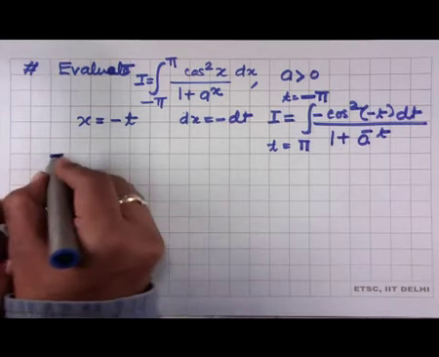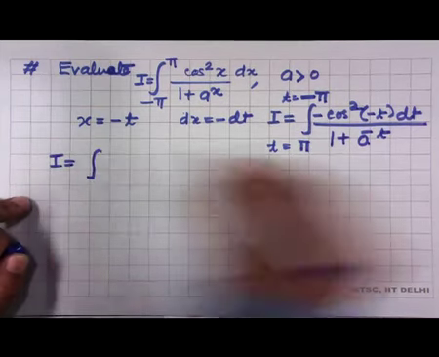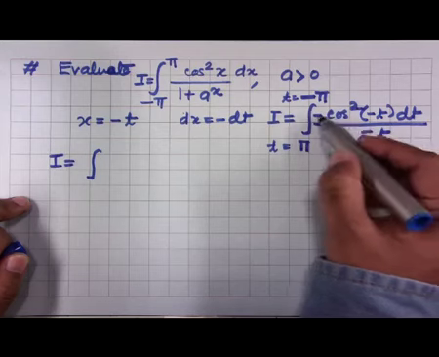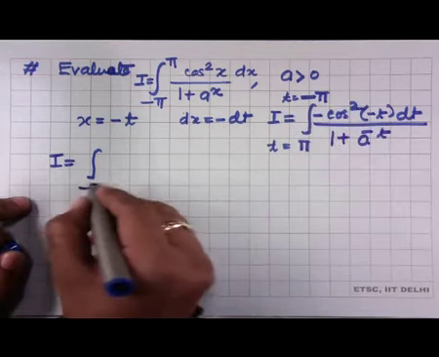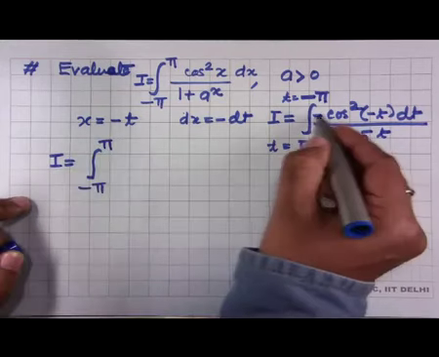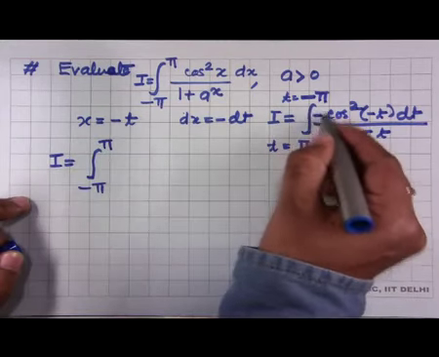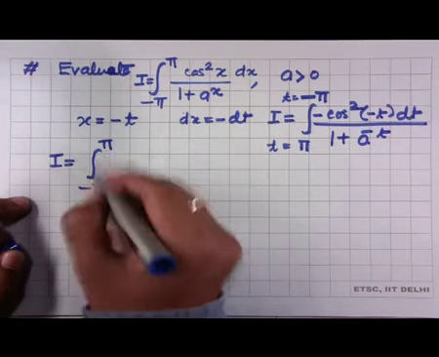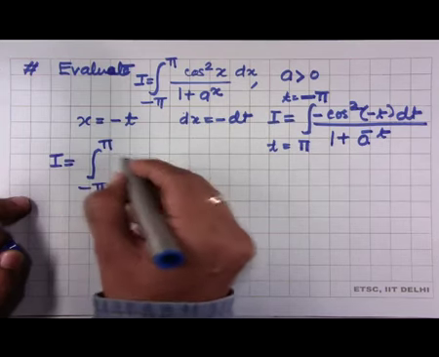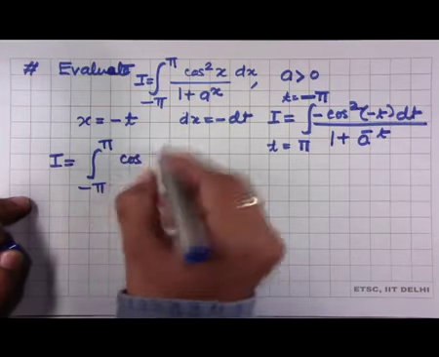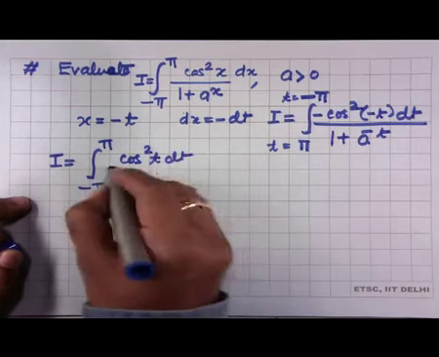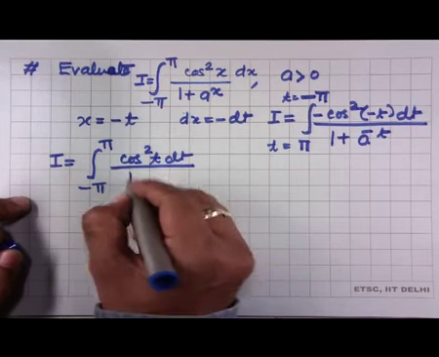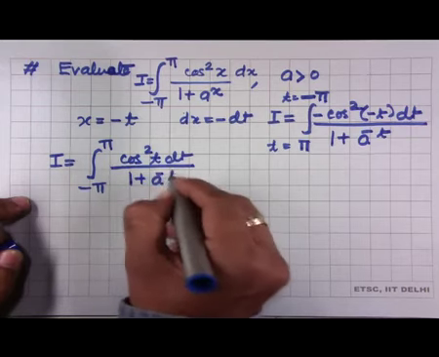So therefore I is equal to, since you have a negative sign here, you can interchange the limits, so you get a positive sign, from minus pi to pi. This minus sign is absorbed as soon as you interchange the limits, and cos of minus t is cos t, so you get dt by 1 plus a to the power minus t.